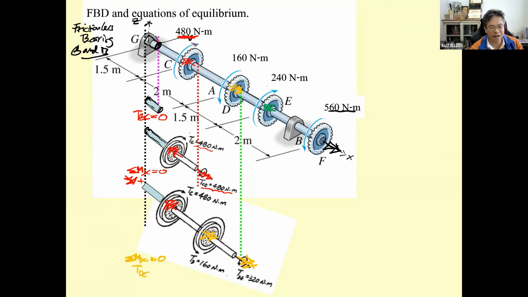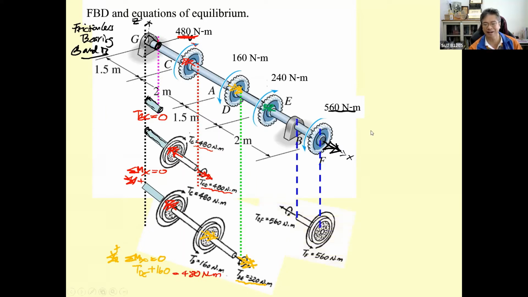T sub DE, this one, okay? You set this direction as positive. T sub DE plus 160 is going to be equal to 480 Newton meter. So the T sub DE is going to be 320.